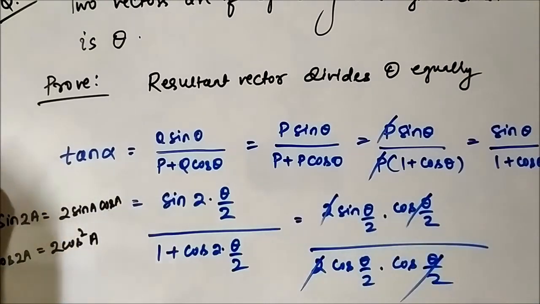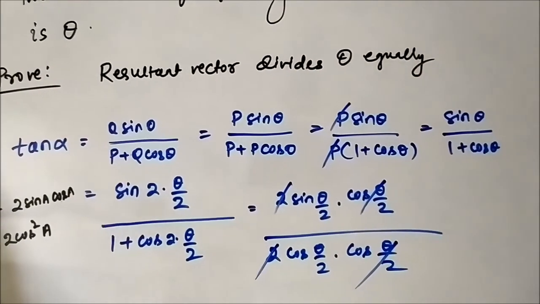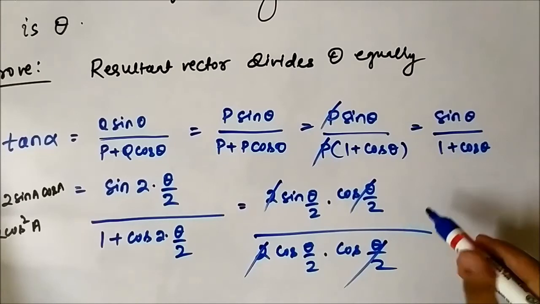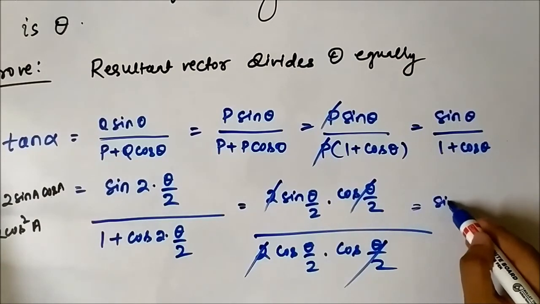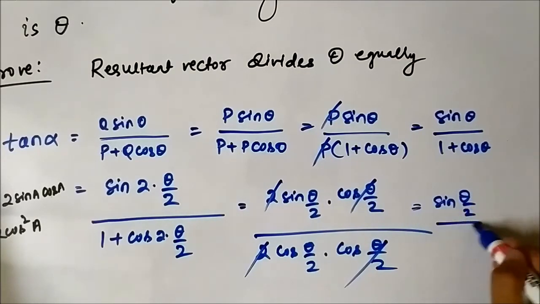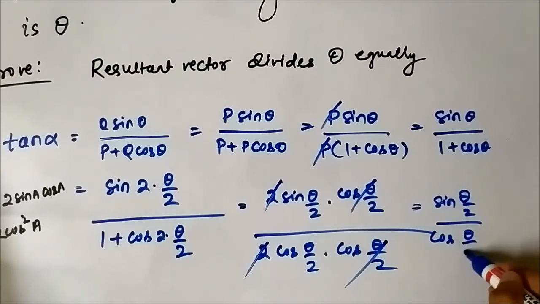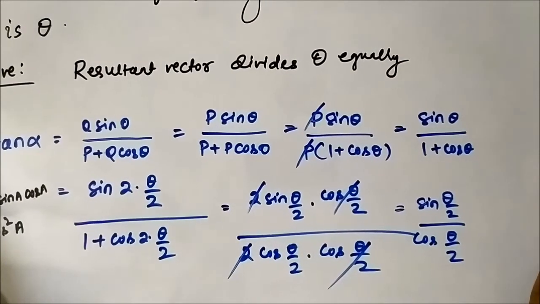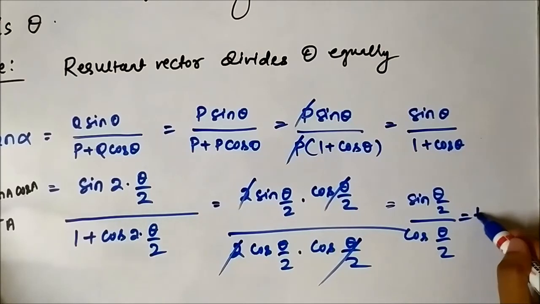We are left with sin theta by 2 by cos theta by 2. Now sin by cos is equal to tan theta by 2.